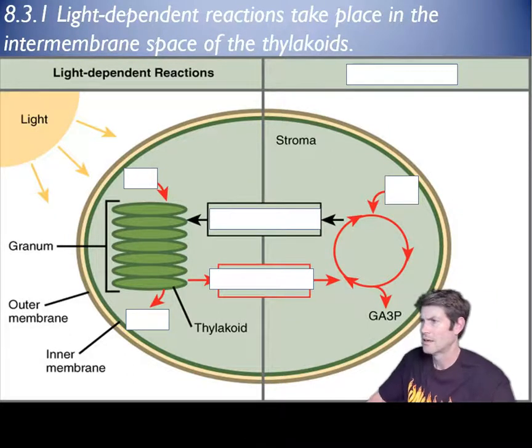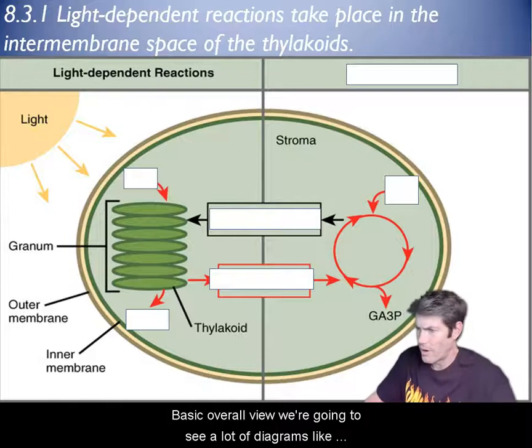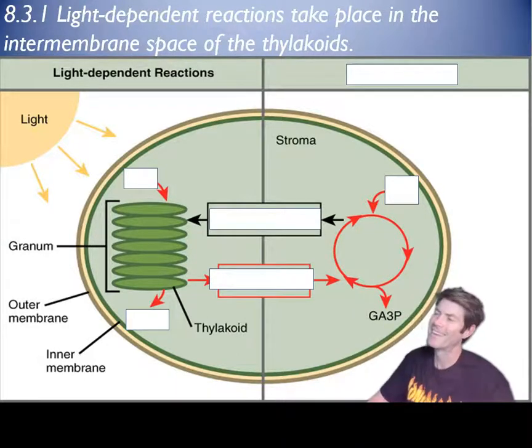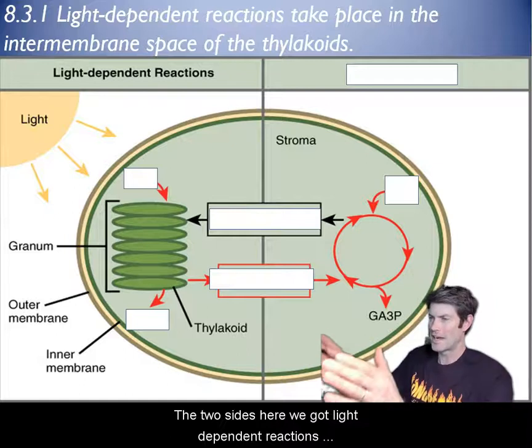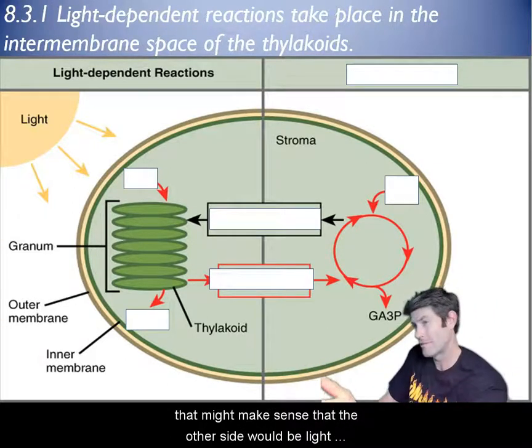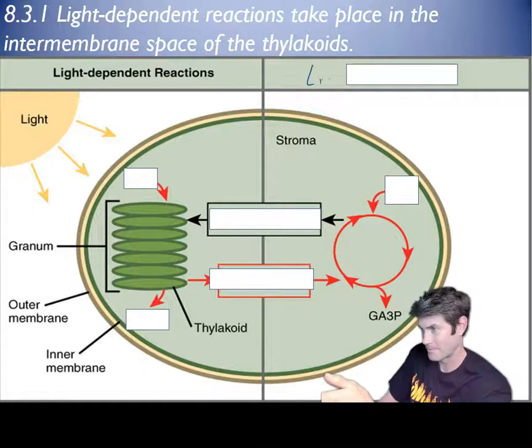This is the basic overall view. We're going to see a lot of diagrams like this in this 8.3 set of videos. The two sides here, we've got light dependent reactions. It might make sense that the other side would be light independent, right?